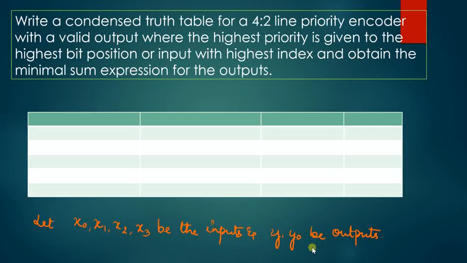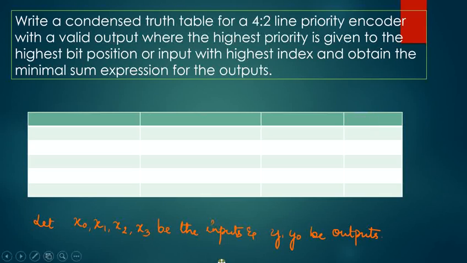I am going to write the condensed truth table. I am going to number the cells in the first column. In the second column, I am going to specify my inputs x0, x1, x2 and x3. In the third column, the outputs y1, y0. And in the fourth column, the validity indicator, whether it is valid or not.